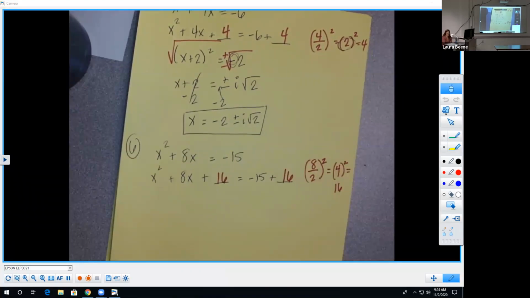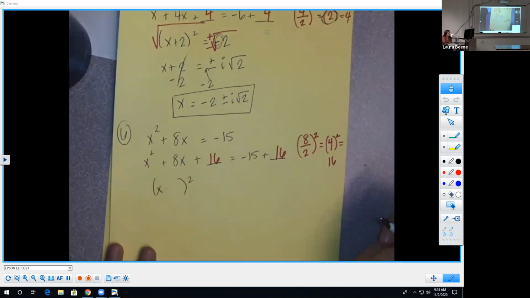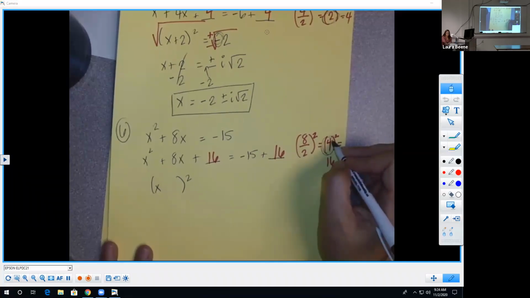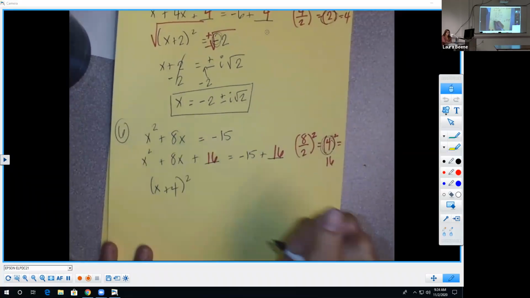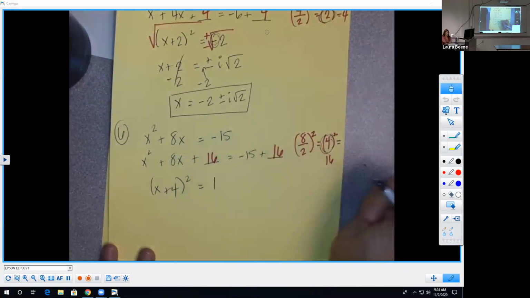On the left-hand side, x squared plus 8x plus 16. Write that in factored form. So it's going to be x on the inside, squared on the outside. Inside with the x is going to be +4. So x plus 4 squared equals -15 plus 16 is 1.